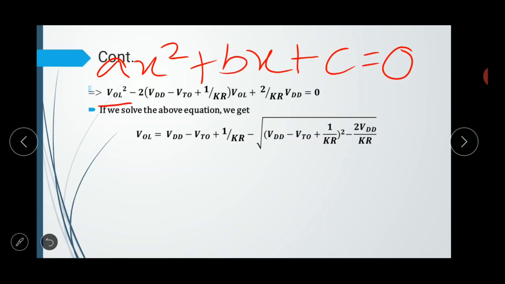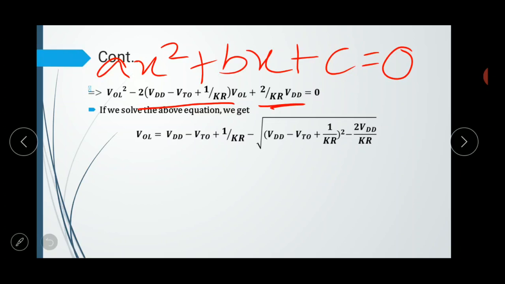In the first term, a is 1 and x square is VOL square. In the second term, 2 times (VDD minus VT0 plus 1 by KR) is denoted as b and VOL is x. The whole last term is denoted as c. So the equation is represented as a second order equation.